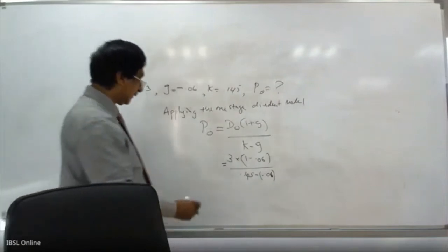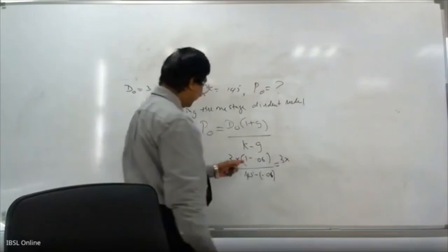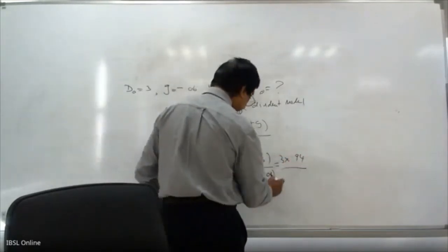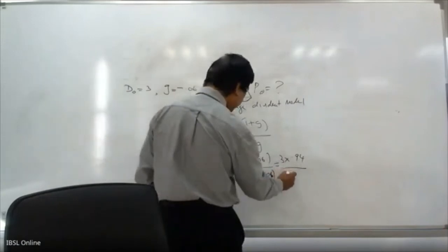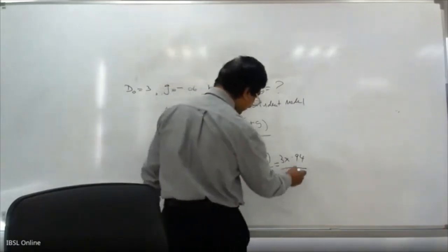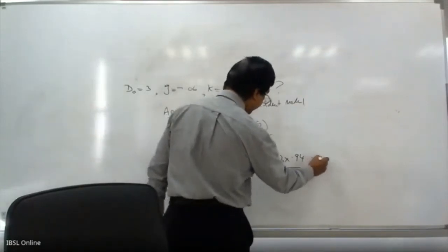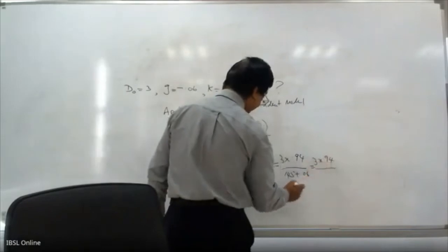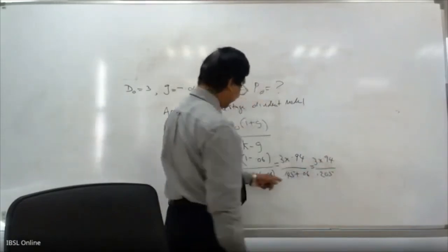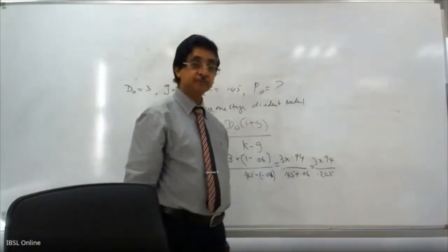This is given as 3 into 1 minus 0.06, which is 0.94. Here you get 0.145 minus 0.06, that is plus 0.06, and it equals 3 into 0.94 divided by 0.205. When you add 0.145 to 0.06, you get this value.